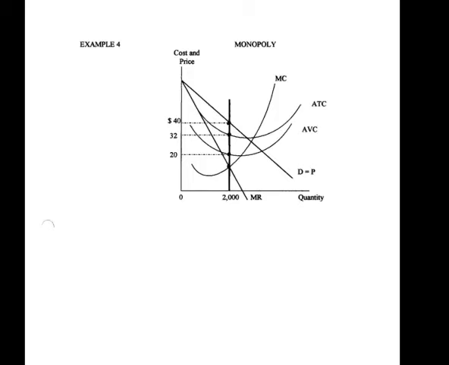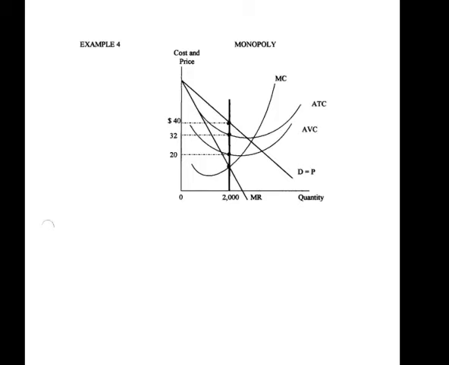Total cost would be $32 times 2,000, and that would be 64,000. If you wanted to calculate total variable cost, it would be average variable cost of $20 times 2,000, which would be 40,000.